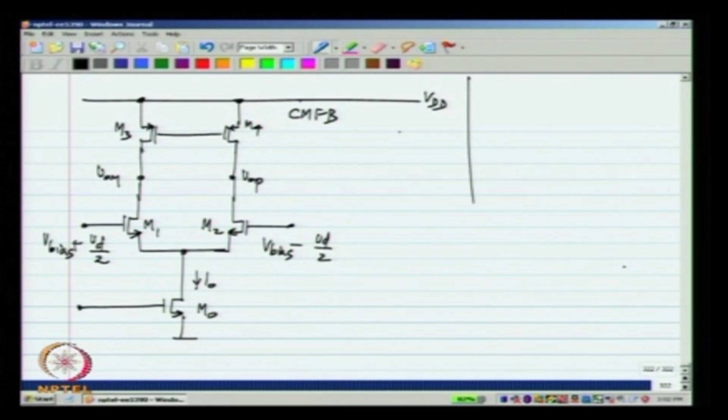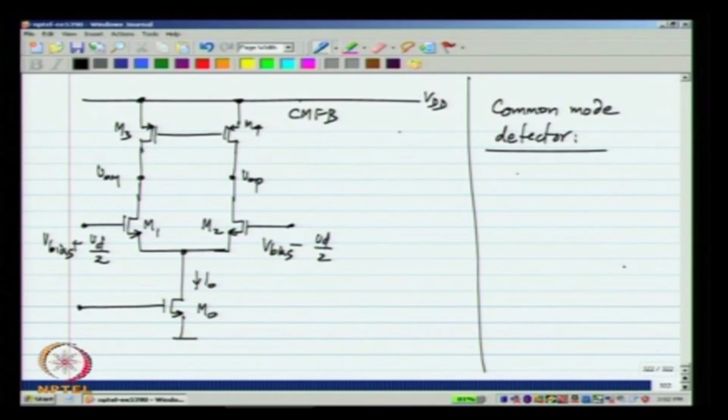First of all, let us consider common mode detectors. We want to take in VOM and VOP and obtain an output VOP plus VOM divided by 2. How can we do this?